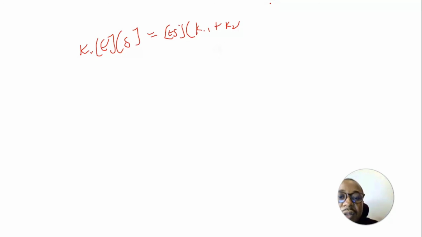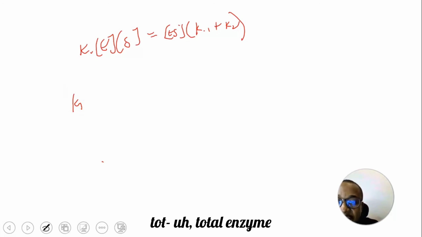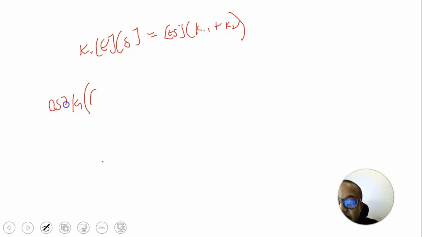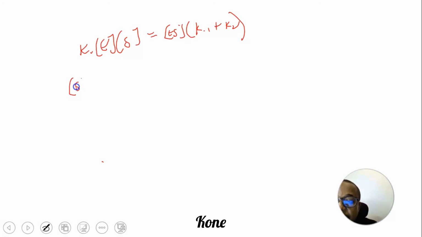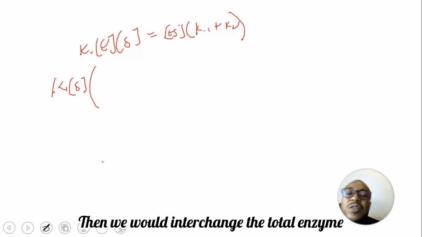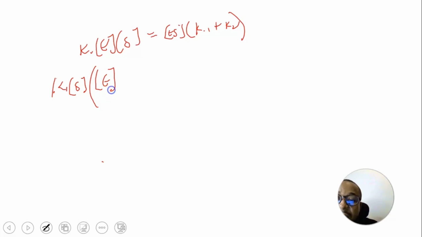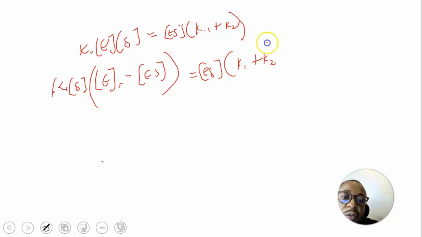Now, if we include this into the equation, we'll now have K1 total enzyme, substrate concentration S. We interchange the free enzyme with total enzyme minus bound enzyme, which is equal to enzyme substrate ES bracket K minus 1 plus K2.